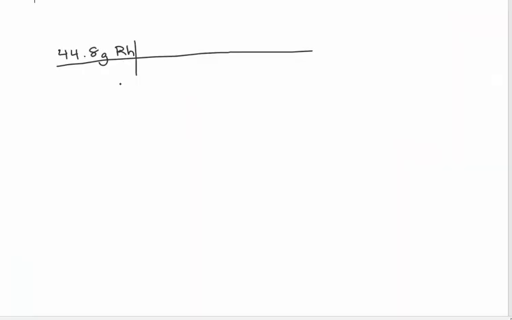Now, 99% of the time in here, when you see grams, you will need to convert into moles. Again, that's 99% of the time. That's most of the time, but not all of the time. So I'm setting up this dimensional analysis so that my grams in the numerator will cancel with my grams in the denominator. Remember, we use units as if they are factors. So now I have moles of rhodium, but the question asked how many atoms of rhodium.